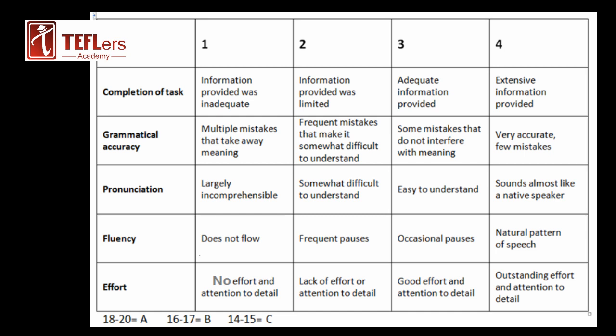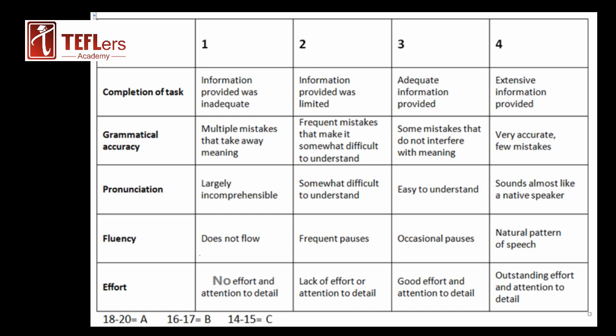We have 4 descriptions. So for each of these descriptions, we have a standard score. So for the first one, we have 1. For the second one, we have 2. For the third description, we have 3 points. And for the last description, we have 4 points.